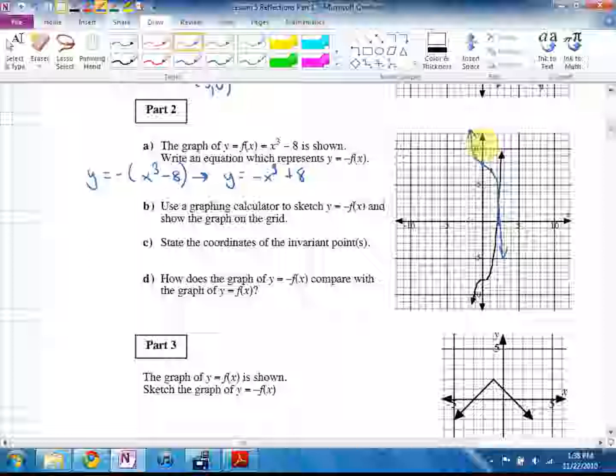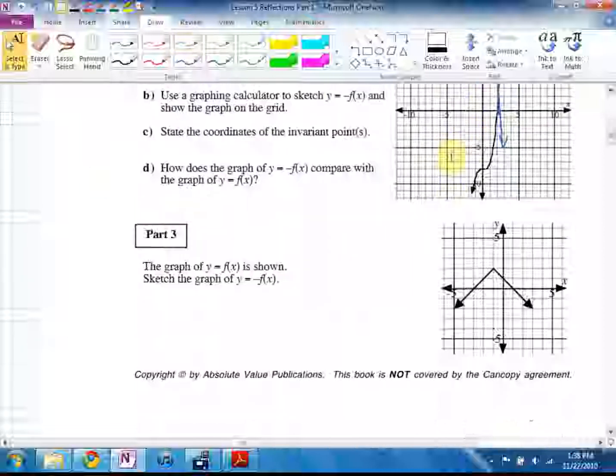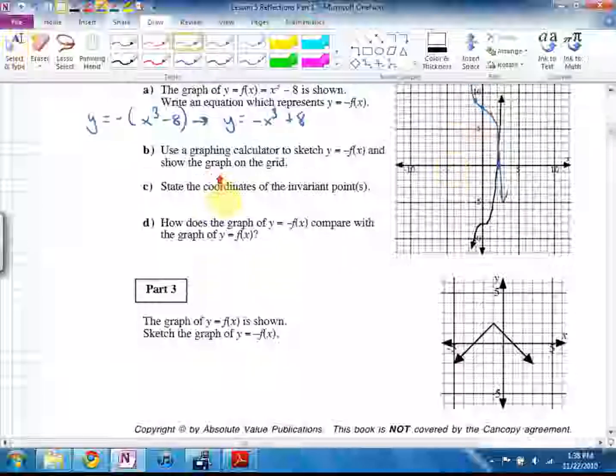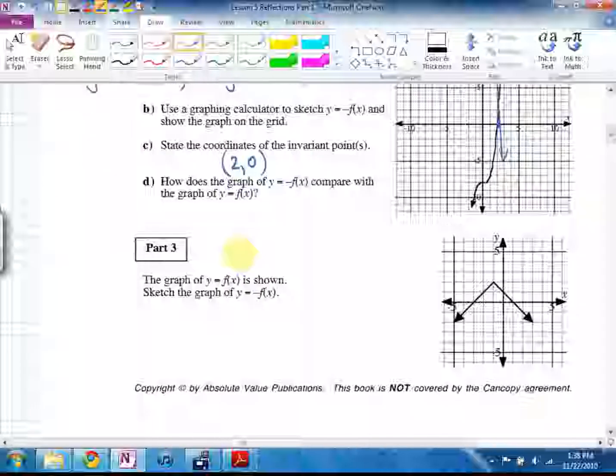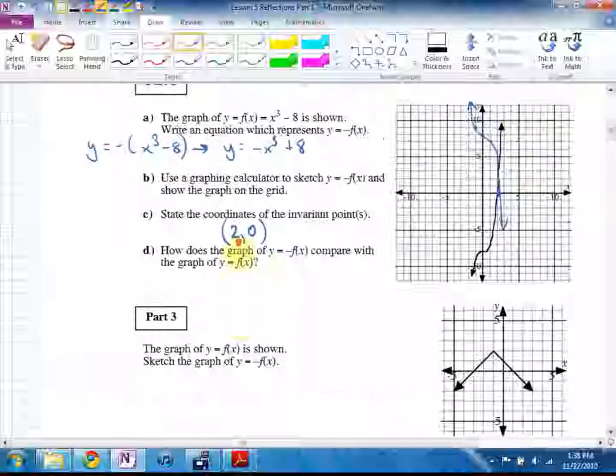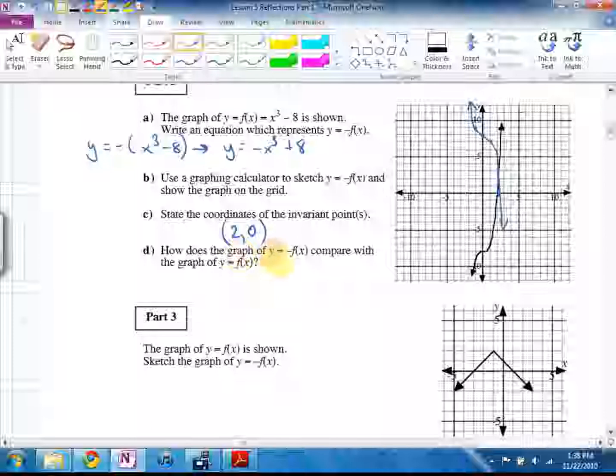It says state the coordinates of the invariant points. 2 comma 0. Okay? And then it says, how does the graph of y equals negative f of x compare with y equals f of x? Here's the fancy terminology.